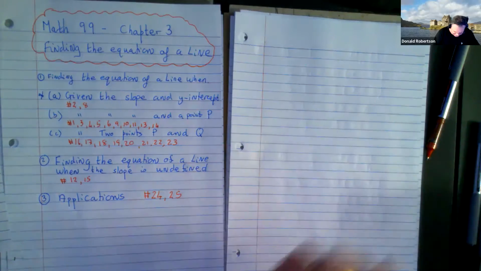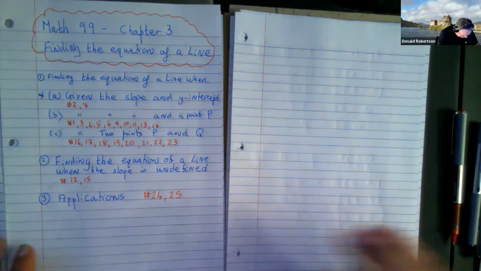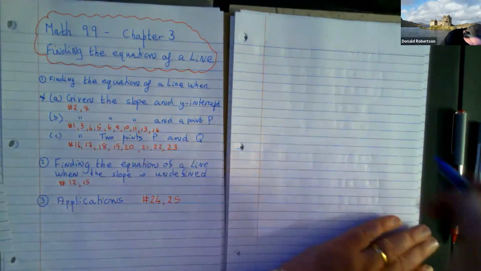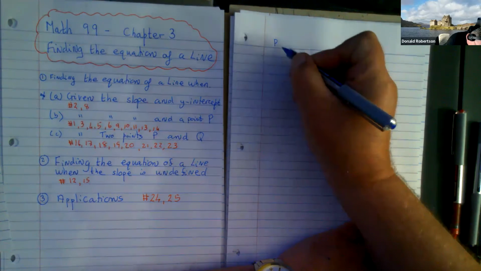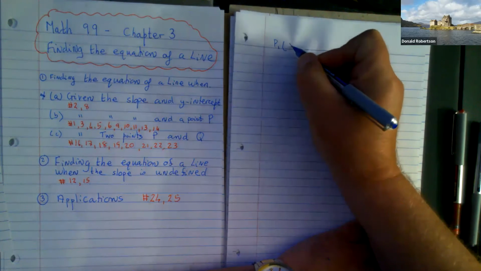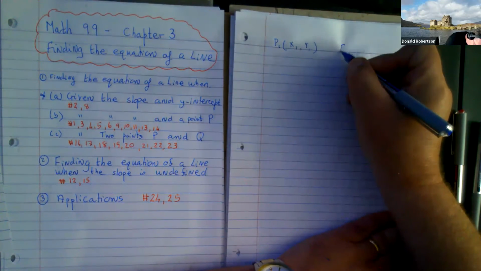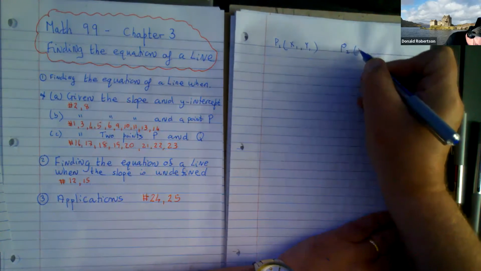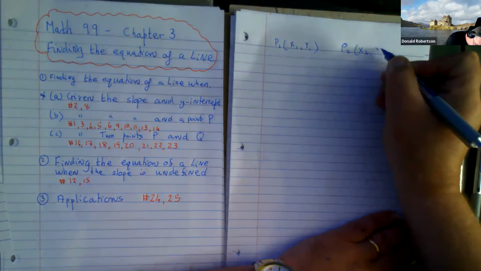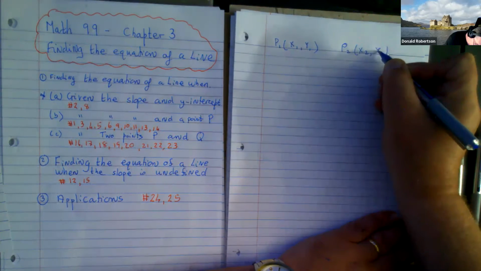And we're being asked to find the equation of a line when you pass through 2 points. So let's call the first point x1, y1. And let's call the second point, I'll call them P's, because that's what the textbook likes to call them, and Q's, which is that one.